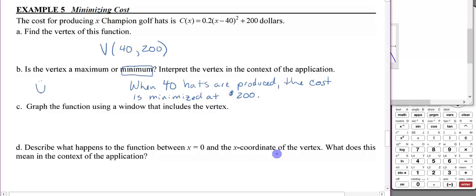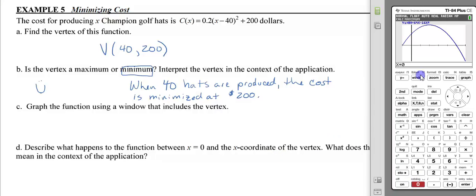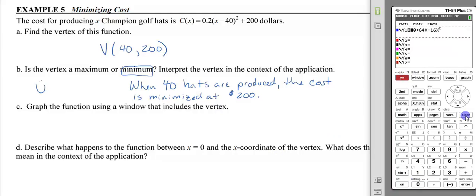Now we're going to graph the function using a window that includes the vertex. So we go to the calculator, go to the y equals, put the function in, 0.2 parentheses x minus 40 quantity squared plus 200. There we go. And I know that my vertex is at 40, 200.